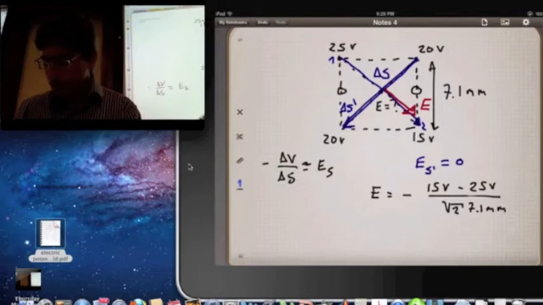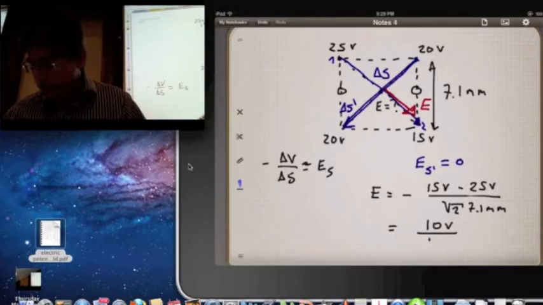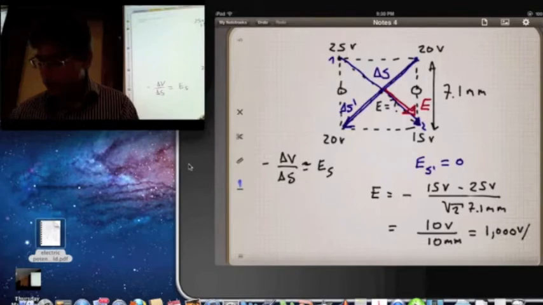So the electric field magnitude then will be 15 minus 25, that's minus 10. With this minus, that turns into 10. 10 volts divided by 7.1 times the square root of 2, which is conveniently 10 millimeters. So this will give you 10 volts divided by 10 times 10 to the minus 3 meters. So that will be 1,000 volts per meter.